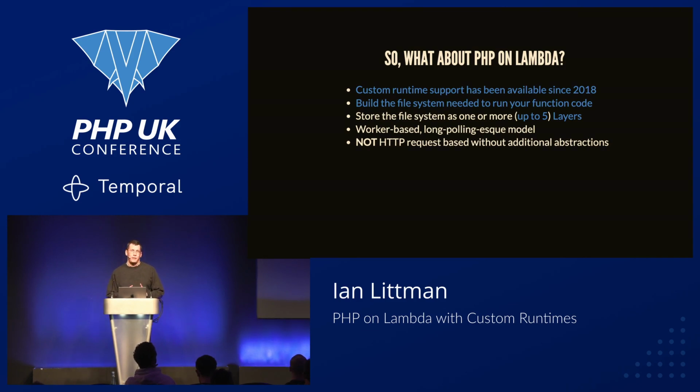So by doing that, and by using the kind of Lambda custom runtime endpoints API that we'll go into in a second, you can actually run anything, whether that's a shell script or some esoteric language or PHP, within Lambda, and it will work. The other way is via Docker container images, and we will get into that in a minute.